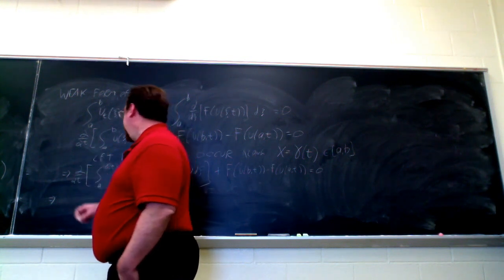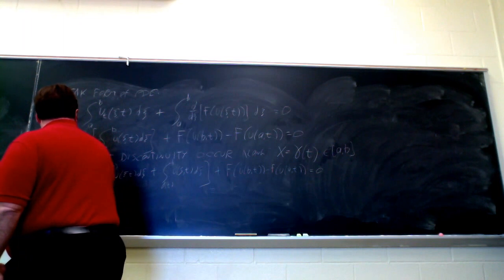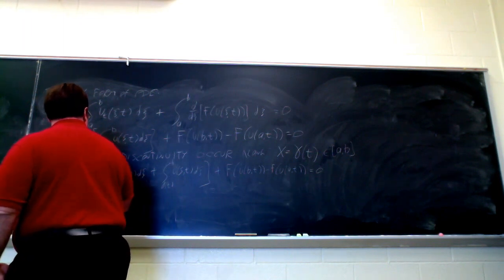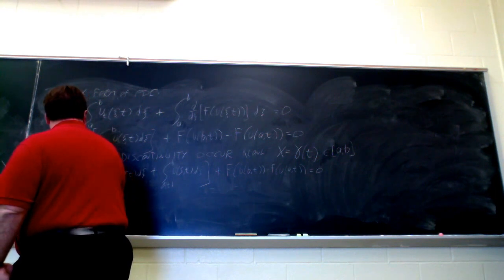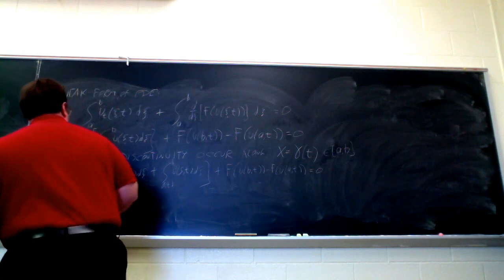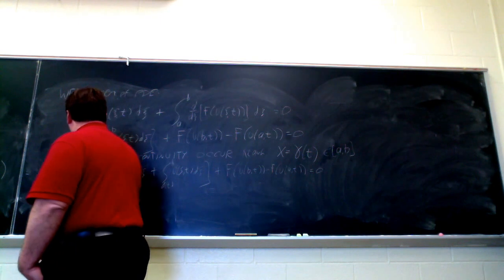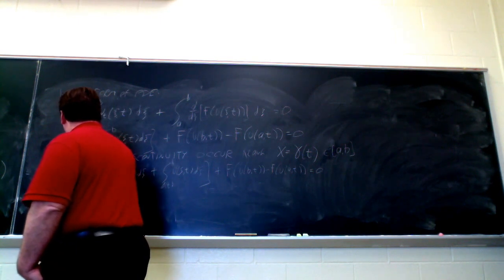So it cancels out. So you get u of, okay, I need some new notation here. u minus times gamma prime.